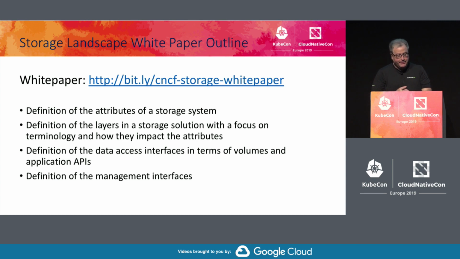The white paper is not there to recommend any specific systems. In fact, it doesn't go out of its way to list specific storage systems. But it's there so that people can get a better understanding of the available solutions out there in terms of the attributes and the layering of these different storage systems.